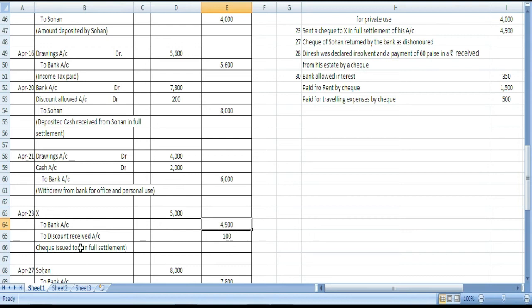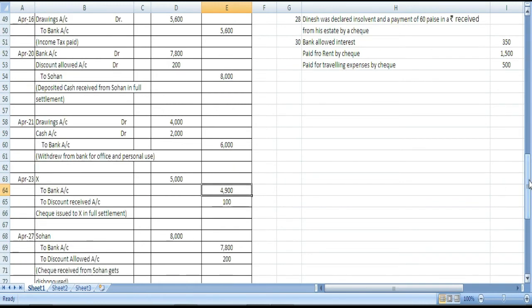Okay. And then we received a discount from X of 100 rupees. So, 5,000 was supposed to be paid to X by Radhika Traders, but the settlement is 4,900, which has been paid in his account in full settlement by check. So, 4,900 has been given through the bank, and the discount received is 100. So, discount received will be credited because this becomes our gain.